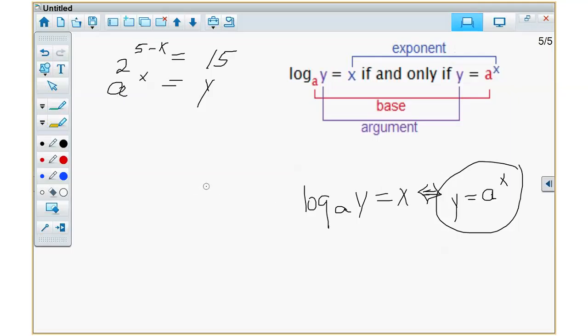So y is equal to 15, a is equal to 2, and x is equal to parentheses 5 minus x. Now the reason I put parentheses around it is just so you can see that this is equal to this term right here, not just that x is equal to this x right here. I don't want you to get confused.